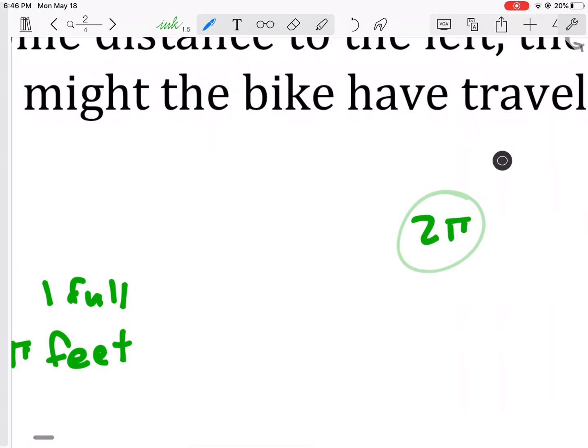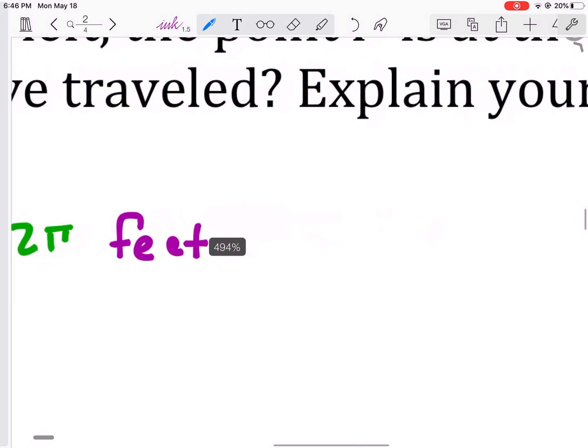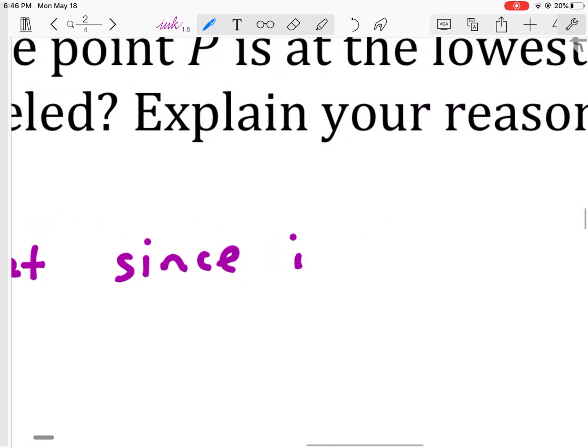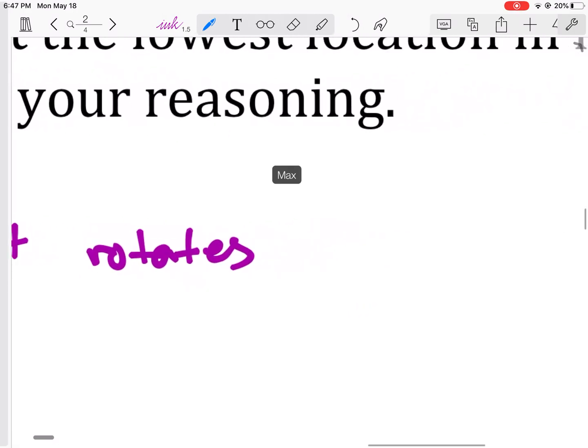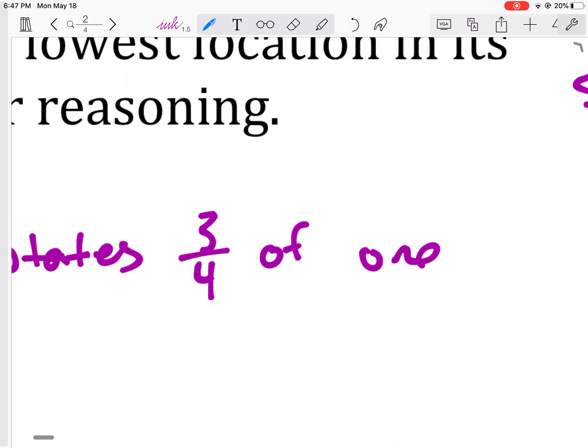What do you think you could do to it? Well, we can multiply it by 3/4, since it rotates 3/4 of one revolution.